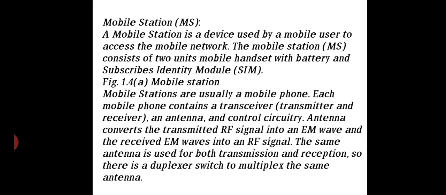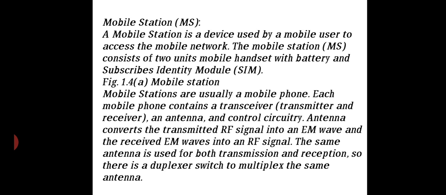So mobile stations are usually a mobile phone. Each mobile phone contains a transceiver, meaning transmitter and receiver, an antenna and control circuitry.